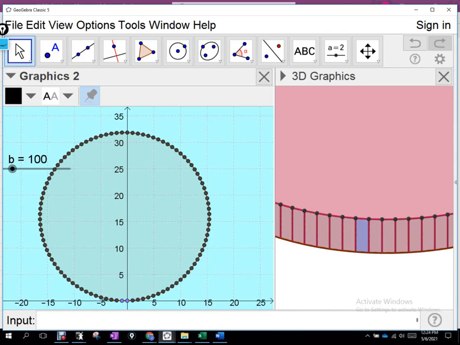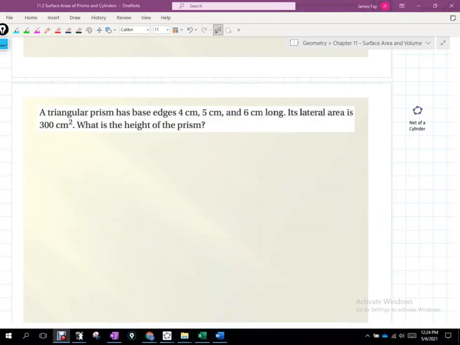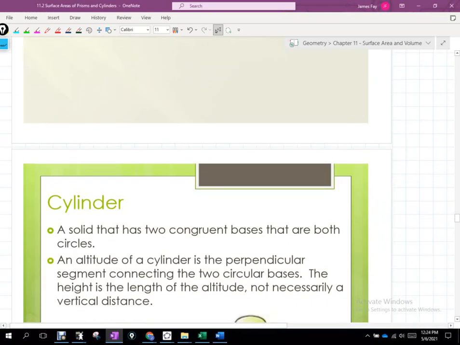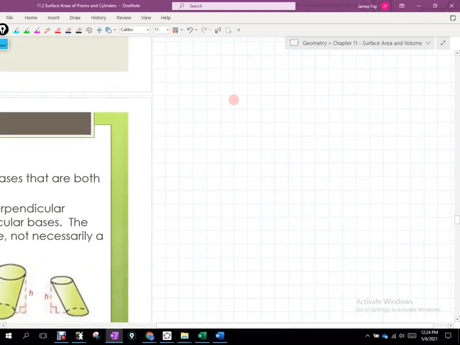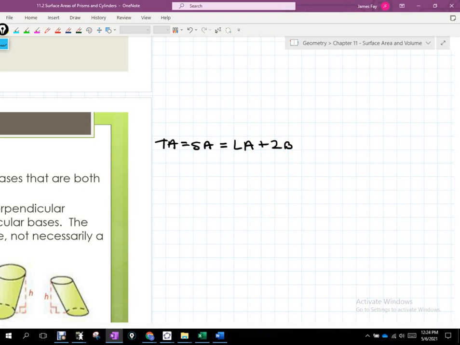So what I'm trying to argue here is because of calculus and a concept called limits, which is kind of a hard topic to discuss because you guys don't know what limits are yet, that if I want to find the total area, or surface area, for a cylinder, it is still lateral area plus 2 bases. It's the same exact formula, okay? However, it's probably never presented that way to you.